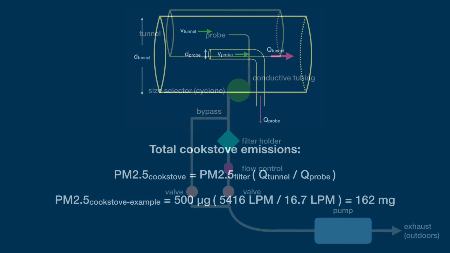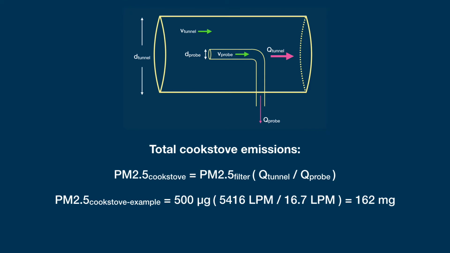With your gravimetric sampling system in place, you will be able to calculate the total emissions of PM2.5 emitted by your cookstove during a test. Using the mass of PM2.5 deposited on the filter, and assuming that the gravimetric system's flow rate is very small compared to the flow rate through the duct, we can use a simple equation to calculate the total emissions from the cookstove.